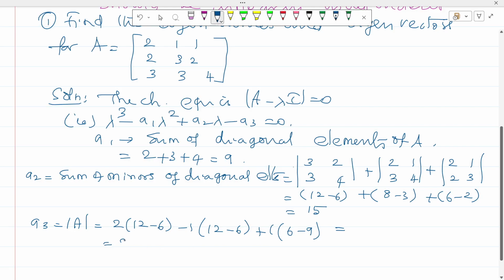So the determinant of A, the answer is 7.